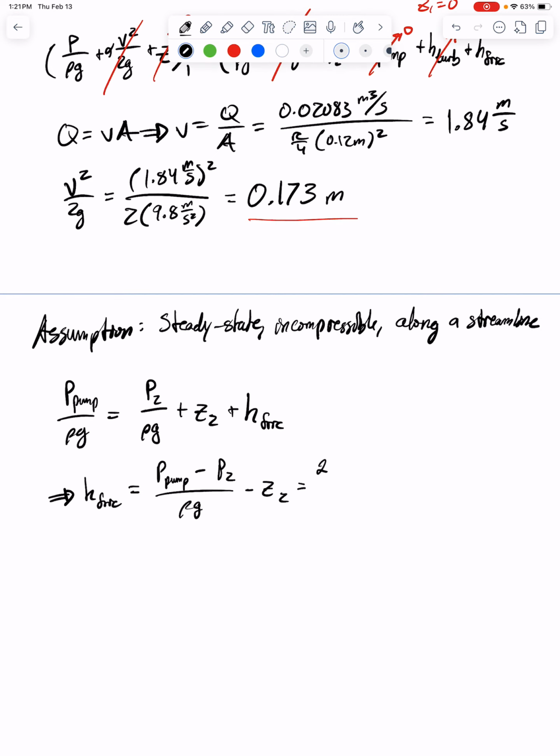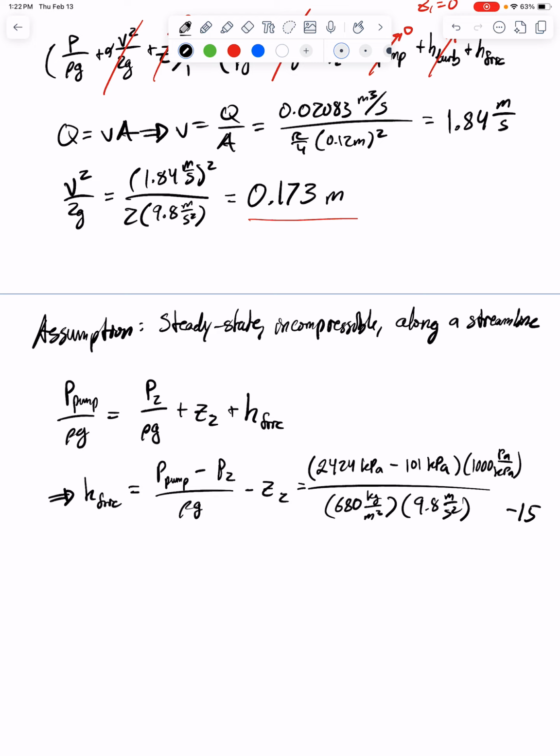P pump was 2,424 kilopascals minus 101 kilopascals. Make sure I multiply by 1,000 to go from kilo to just normal pascals. Divided by rho g. Density was 680 kilograms per cubic meter for oil, times gravitational acceleration, 9.8 meters per second squared, and everything afterwards subtracted by 150 meters for the difference in height.